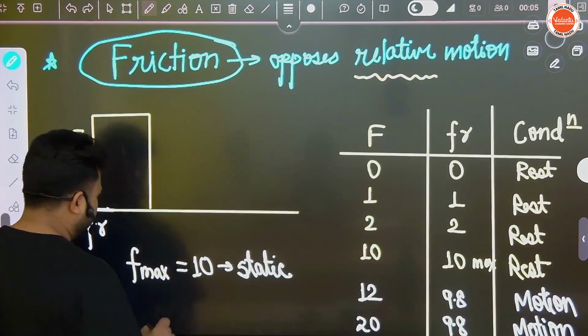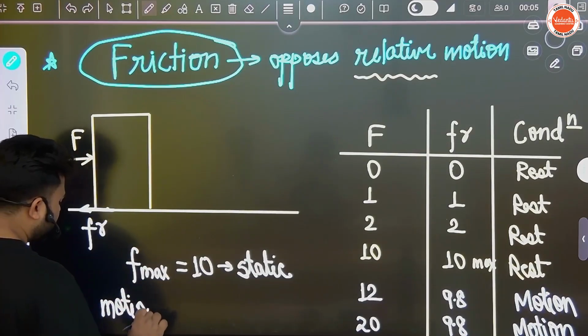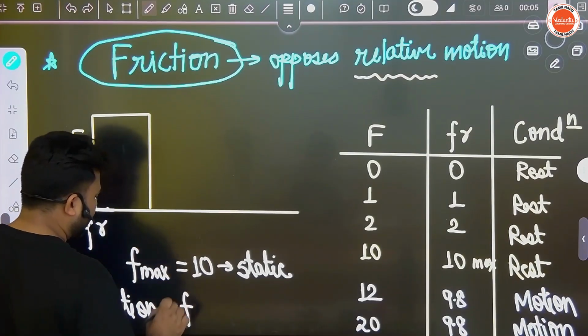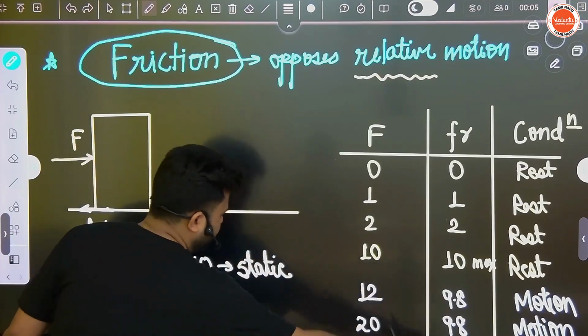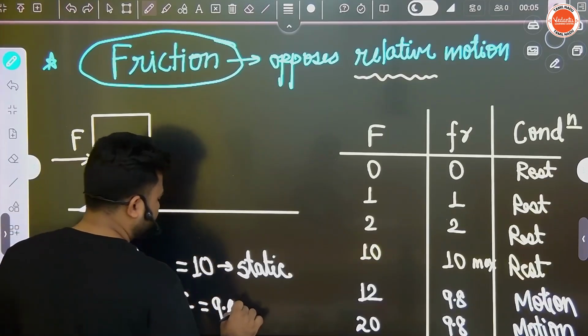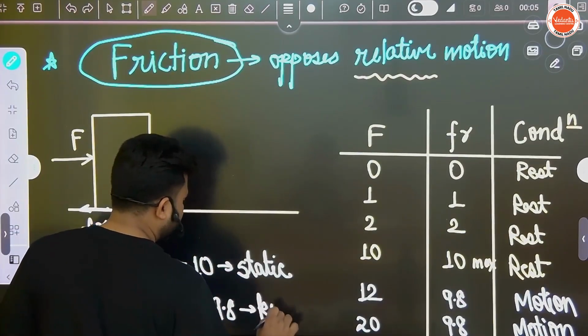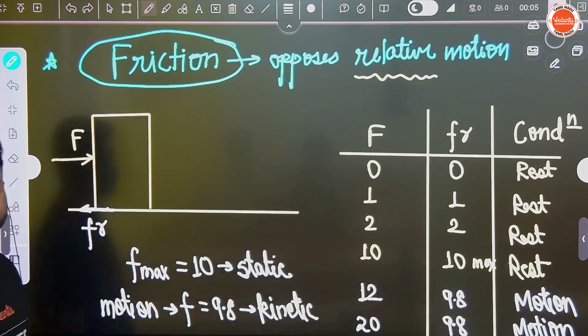Later on, when the object is in motion, and someone asks what is the friction value, then the friction value will become constant, 9.8. This is slightly less than this, and this is called kinetic friction.